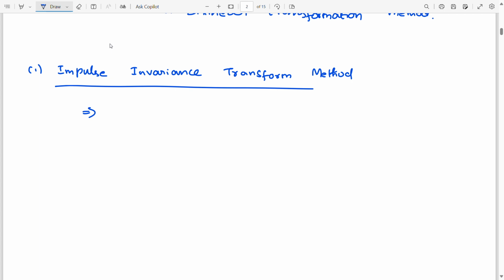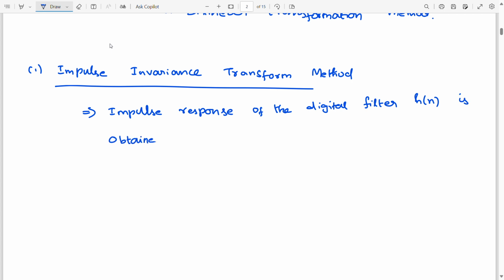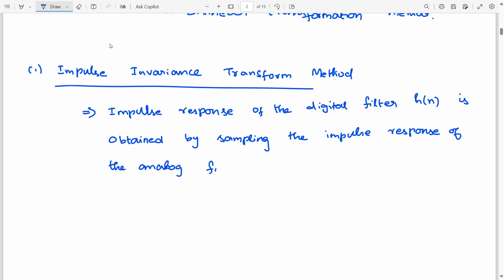Here, the impulse response of the digital filter h of n is obtained by sampling the impulse response of the analog filter h of t.